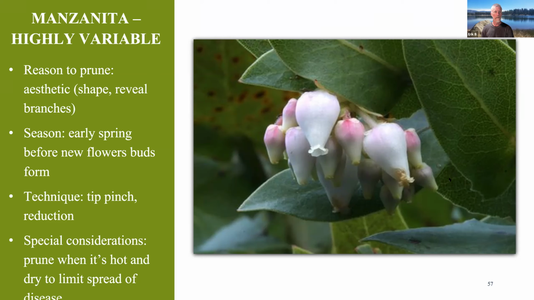Okay, so manzanita. This is what we're talking about. Know the genus Arctostaphylos. The flowering season, if you take the whole genus, runs from like December through March, I think, but an individual plant may differ.